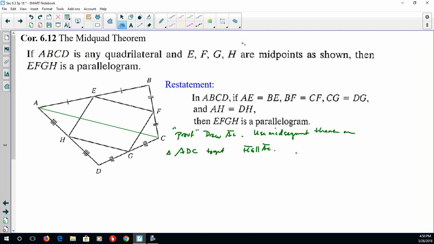Use the mid-segment theorem on triangle ABC to get that EF is parallel to AC. Now, we already had that HG was parallel to AC. So if HG is parallel to AC and EF is parallel to AC, hence HG is parallel to EF. Okay, hold on to that.